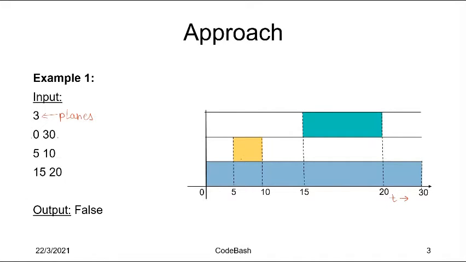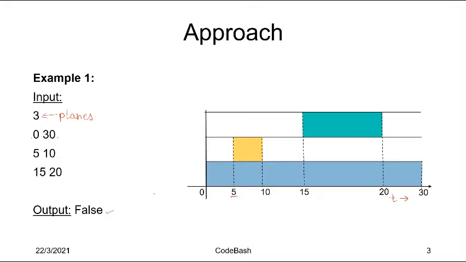Now you can see that the times here are overlapping. We as humans can clearly see this, but we have to code this in a way that our program can also see it, and that is why the answer here is false. This is basically the approach. We consider this time period, and we check whether in this time period another flight starts in between.